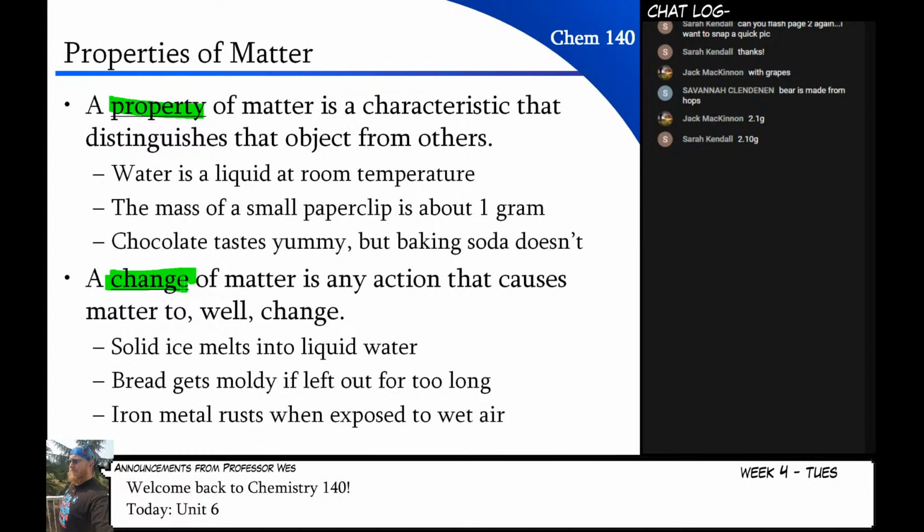But to be strict for our definitions, a property of any object is a quality that makes it different or unique. So, for example, a property of me would be I have a beard. That makes me unique compared to, say, somebody who doesn't have a beard. Another property of me would be I am 6 feet tall. That would make me different from, say, Maya, who is like 12 inches tall because she's a cat.